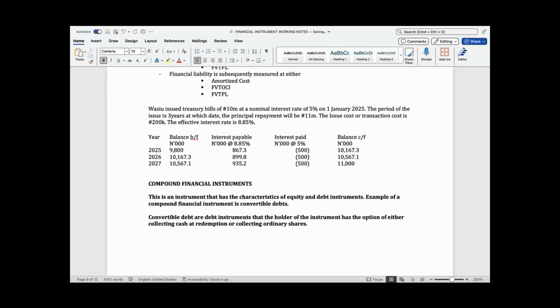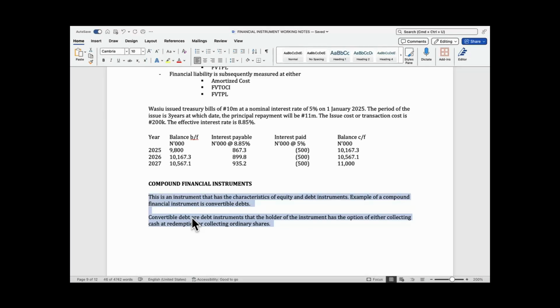That's where the name convertible is coming from. These debts can be converted to shares. So that's the substance here. Primarily, it is a debt.